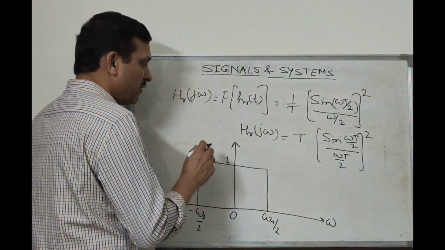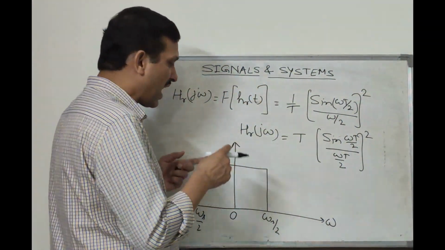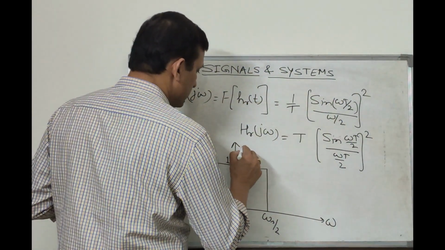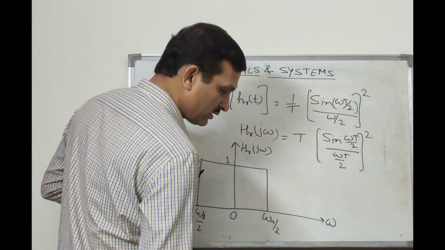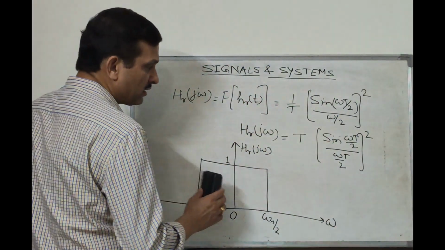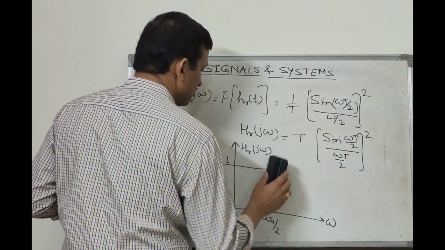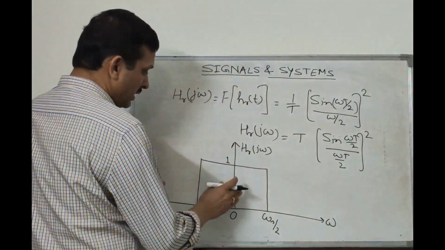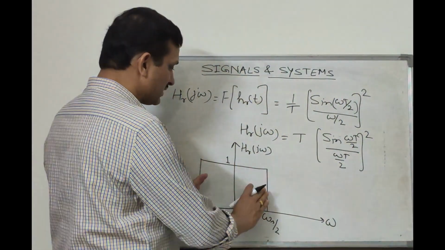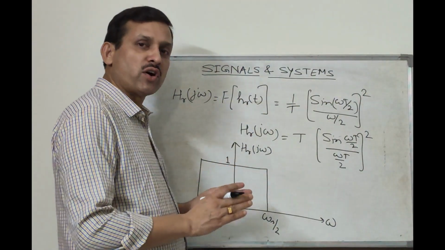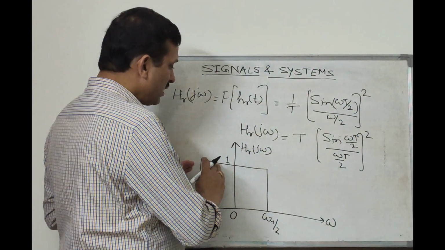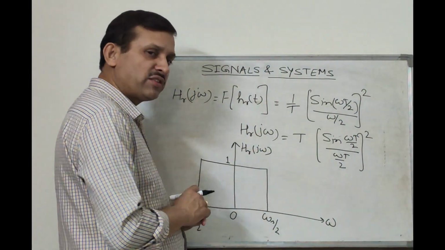That means if x_p(t) is passed through an ideal low pass filter, with this being H_R(j omega), then our reconstruction filter should be like this, ideal. But this implementation is impossible. We cannot design an ideal low pass filter.